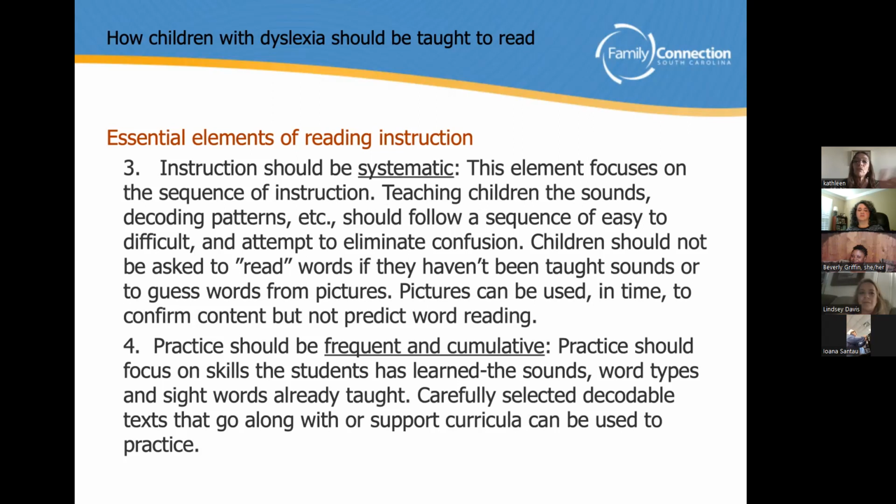So what do you look for? You look for an order. Some of the old basal readers, and some of the new ones that schools might use, are story-based, content-based.